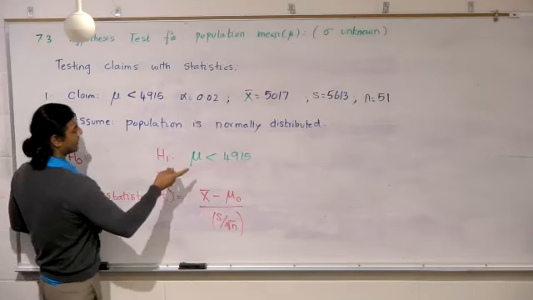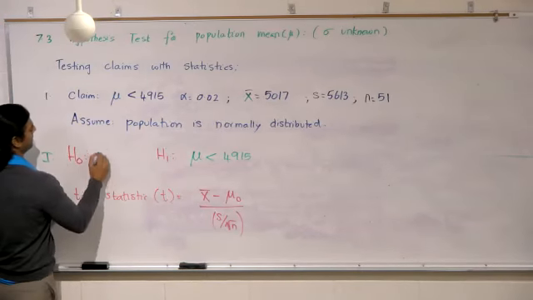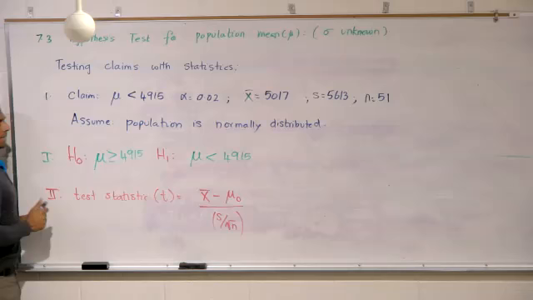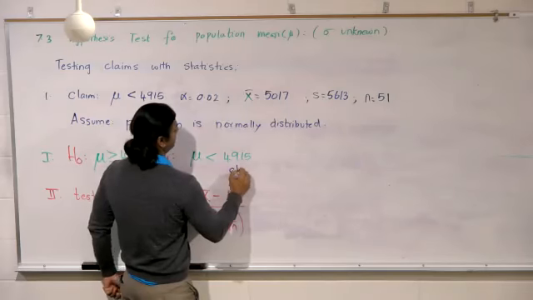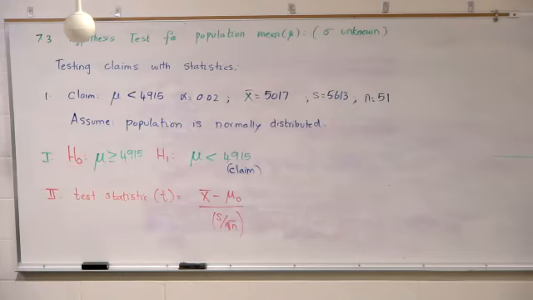So what is H naught? Greater than or equal to. And in our case, the claim is the alternative. What is the value of mu naught? 4,915.